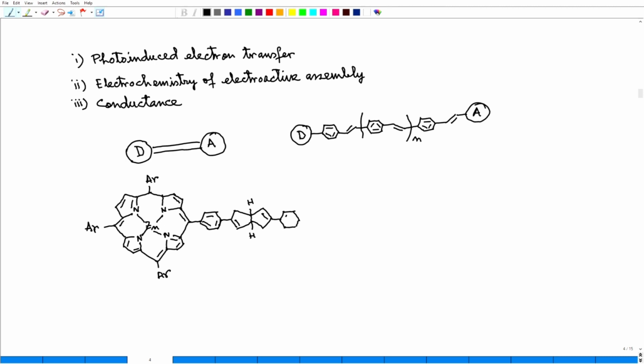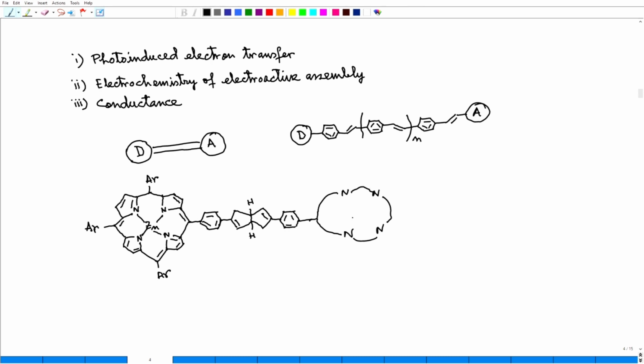And then let me draw this way. This is my porphyrin.